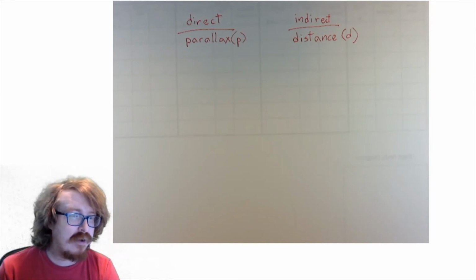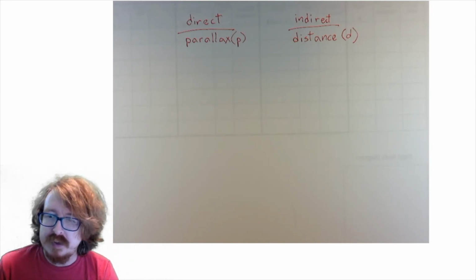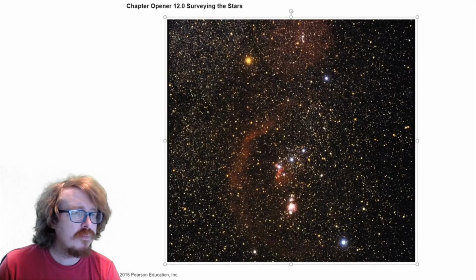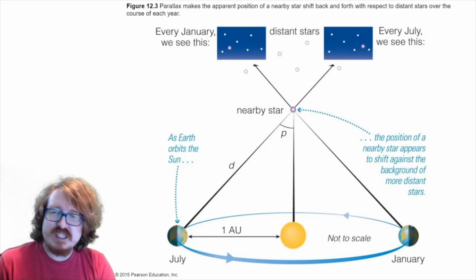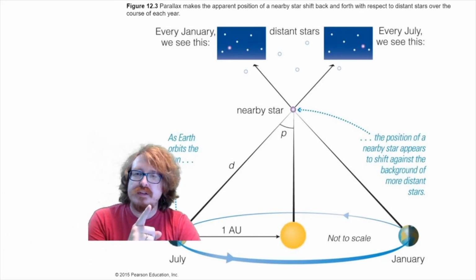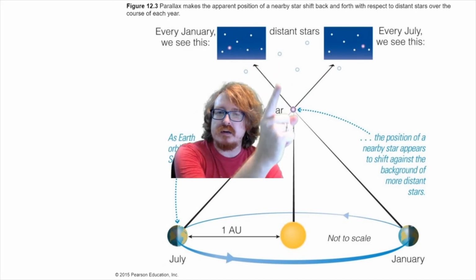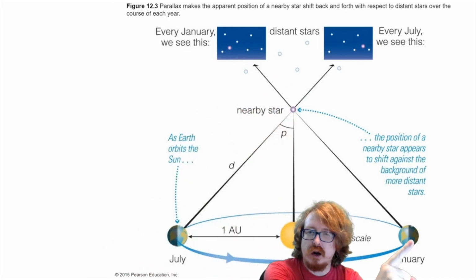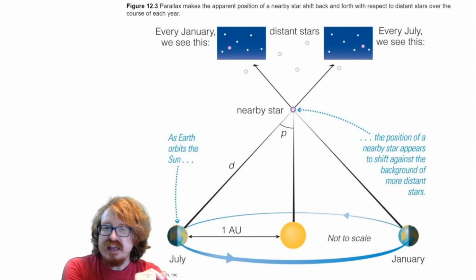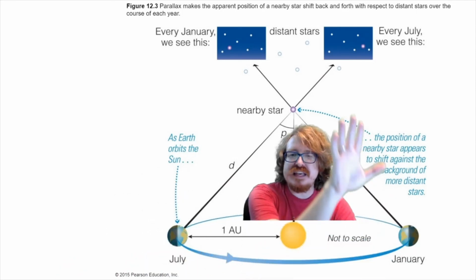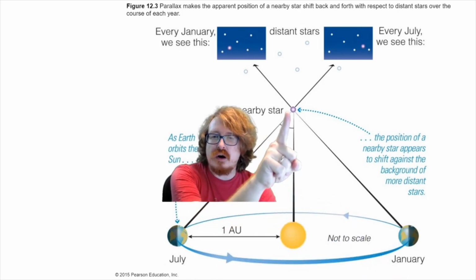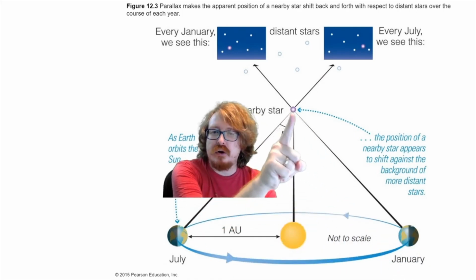So check this out. I got a slide from the book. Here we go. In this picture, imagine that we're looking at the stars up here. This is the sun. This is the Earth orbiting around the sun. If we were to view these stars in January, we would see that star from this angle in January.